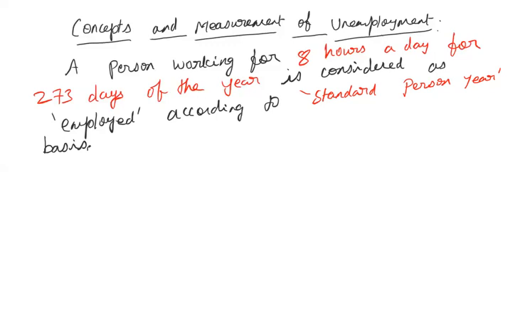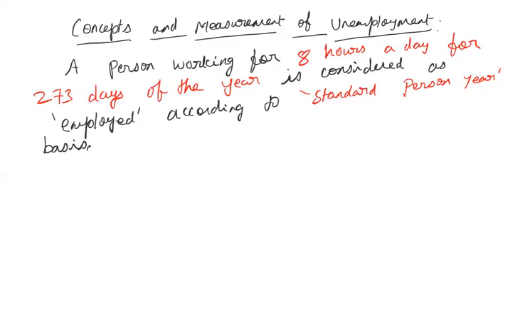So the first measurement is taken on a yearly basis. In a year, how many days a person is being employed, or alternatively how many days in a year he remains unemployed. Based on that, we will say whether that person comes under the category of chronic unemployment, or just for a certain period of time he remains unemployed.